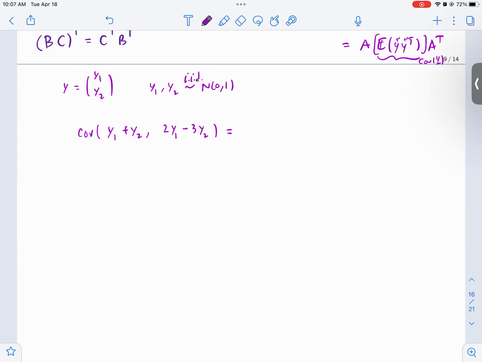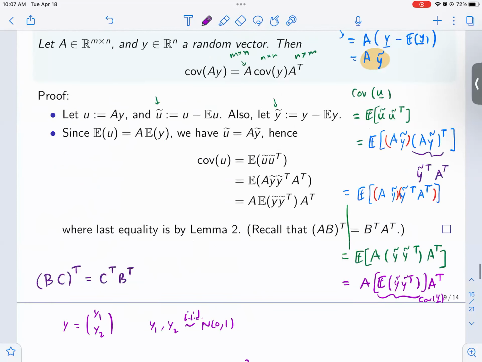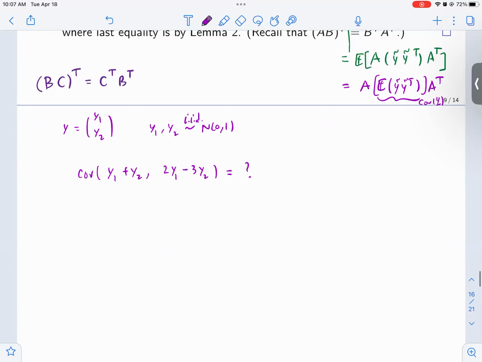Okay. So there are a couple of ways that I can proceed. One way is I'm going to use this lemma. The other way is from direct calculation. So if you don't know that lemma, can you compute this covariance?